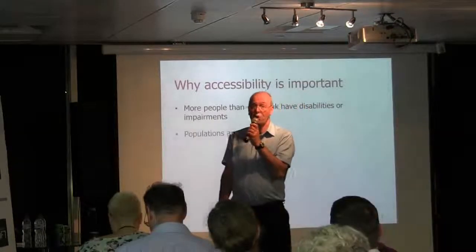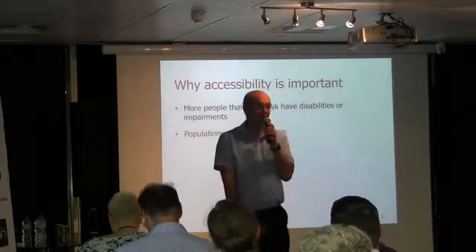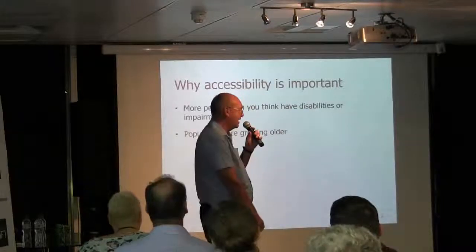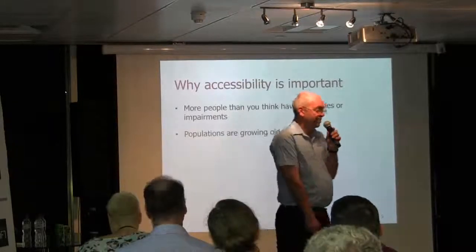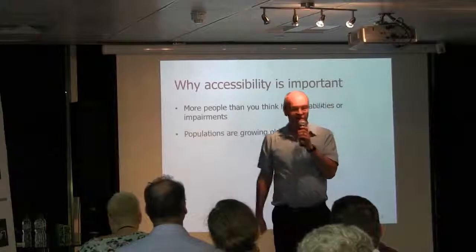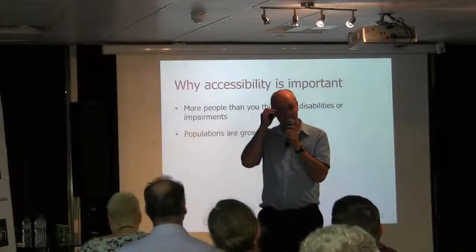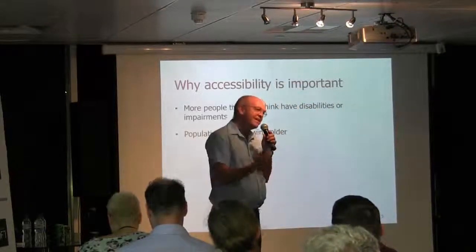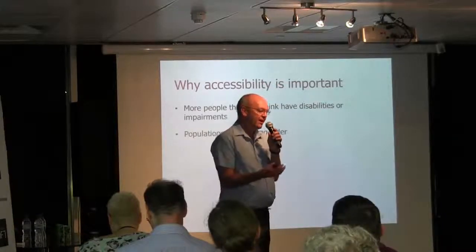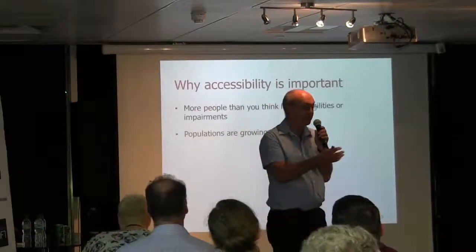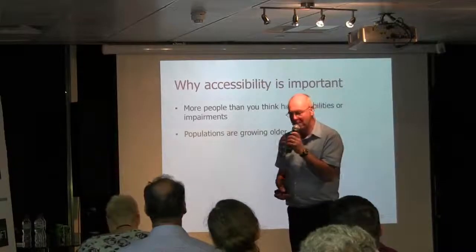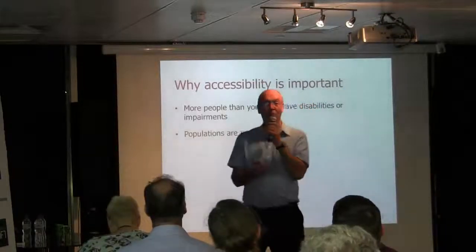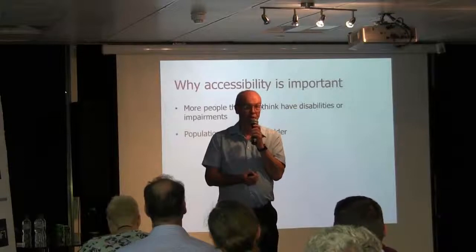Also, the population is growing older. My parents are in their 80s now, and their eyesight is nowhere near as good as it used to be. That's why mine's going that way as well. They need to have things like text a lot bigger than perhaps most of us in this room would. And also they need things to be a bit more simple than most of us in this room would.